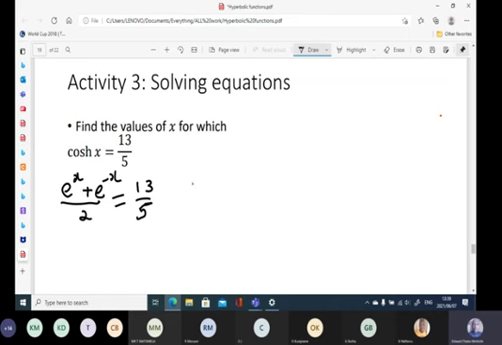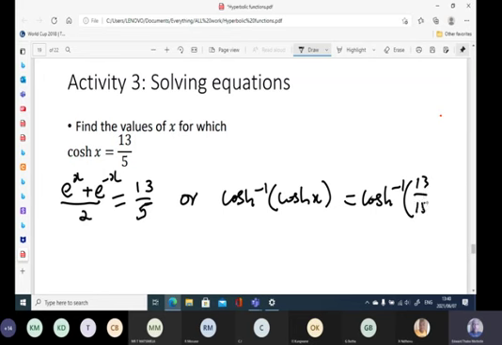Okay, and then you follow the steps. Or you can apply cosh inverse on both sides. Cosh inverse of cosh x equals cosh inverse of 13 over 15. So if you apply a function and its inverse, you end up with x here.